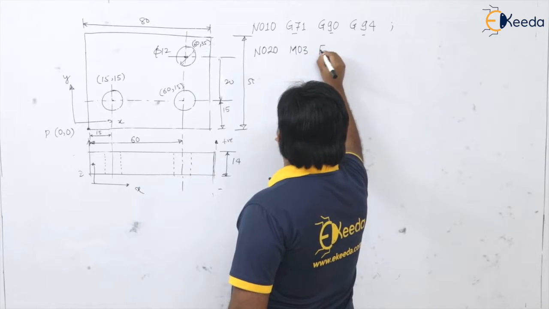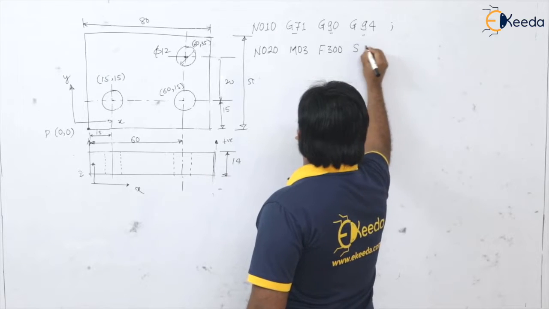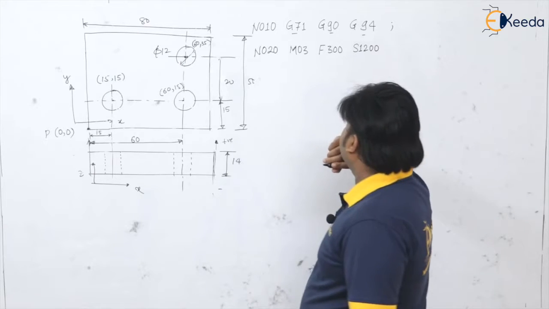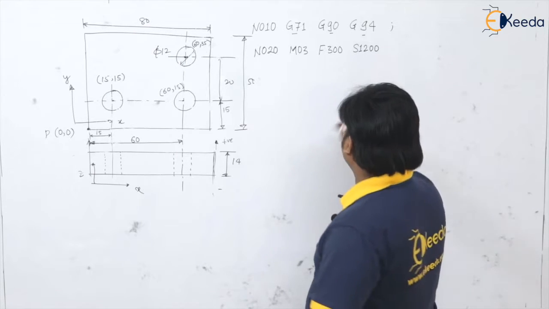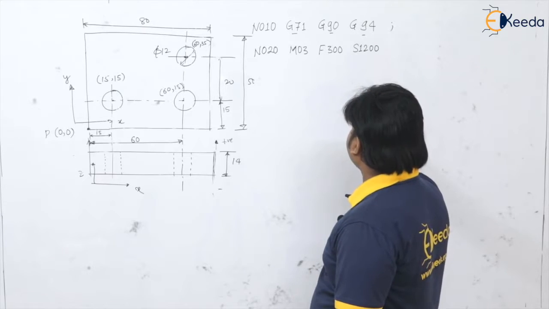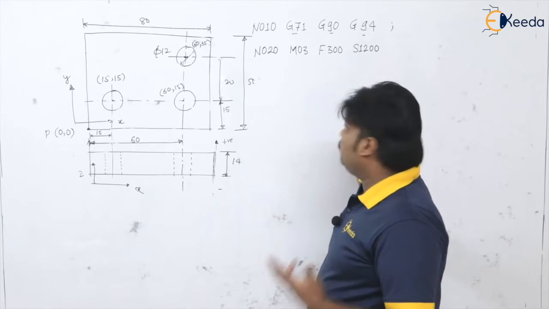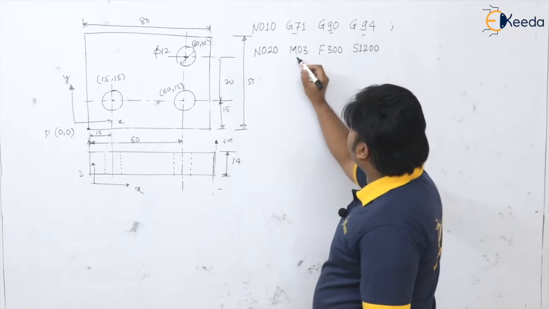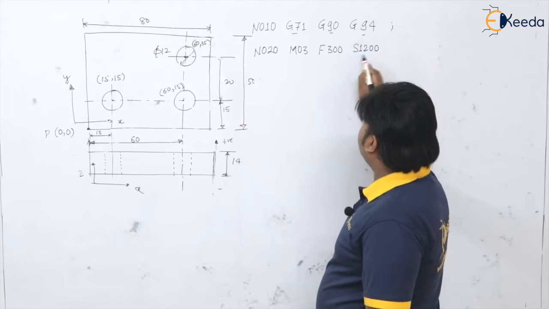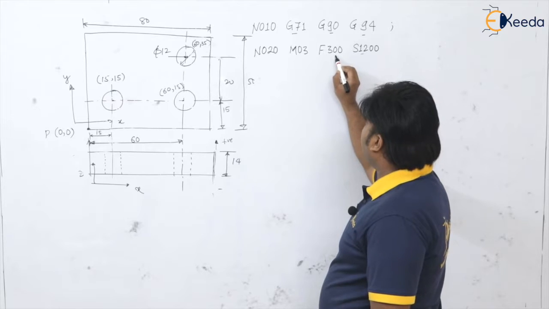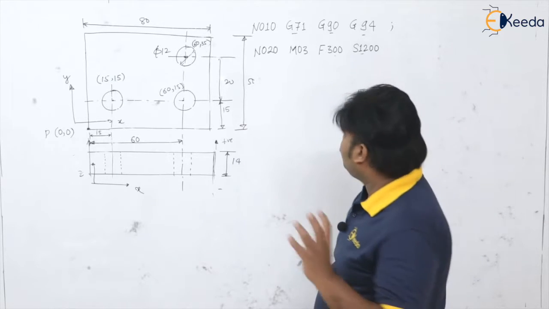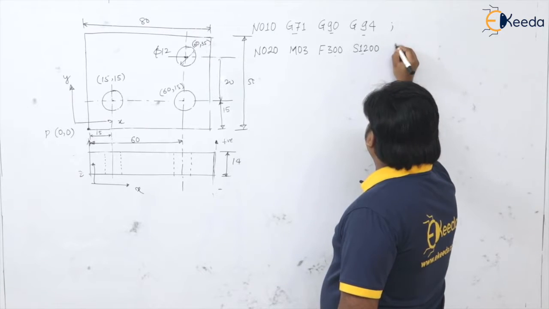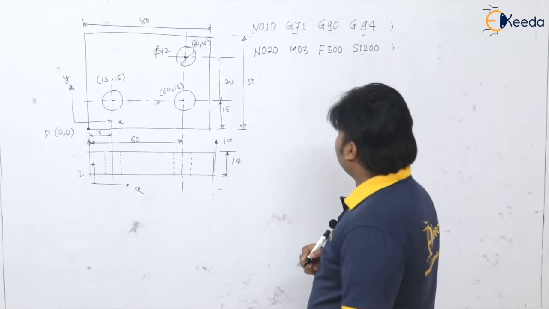I am going to use a feed of 300 millimeter per minute and a spindle speed of 1200 RPM, that is revolutions per minute, at which it is rotating. So M03: I have started my spindle rotating at 1200 RPM, and the feed I am going to use is 300 mm per minute. This second block is over.